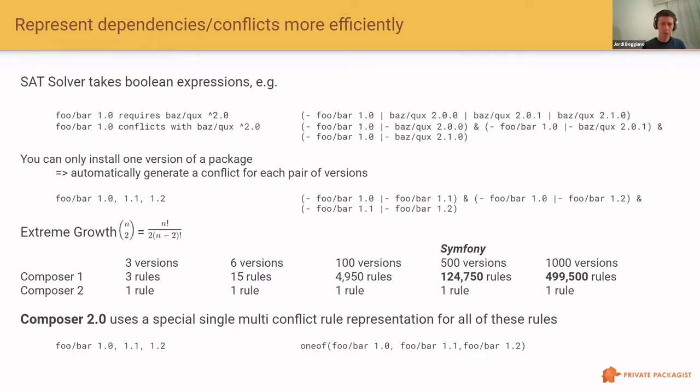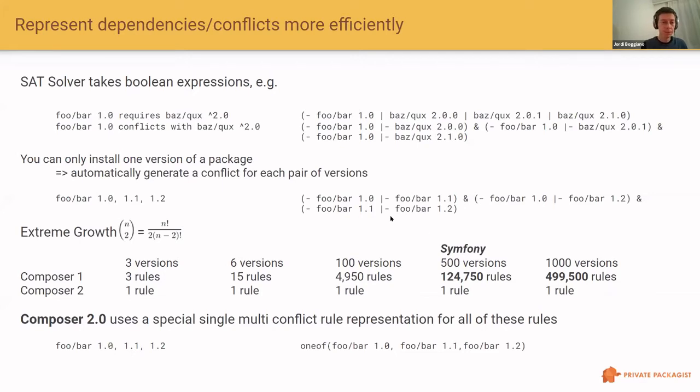So for every pair of versions, you end up with a conflict rule, saying that either 1.0 is not installed or 1.1 is not installed, or 1.0 is not or 1.2 is not, and so on. The purpose of this is that we want to prevent installing 2 versions of the same package at the same time, because that's something we cannot do with PHP. We just cannot have 2 versions of the same class installed at the same time and load those 2 classes up. So we do have to enforce this.